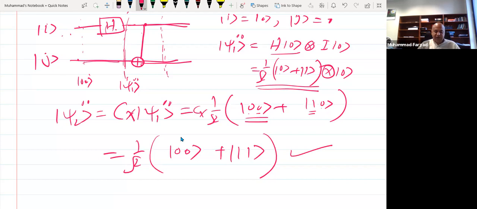When we perform Hadamard to 0, we get to this plus state, which is the superposition of 0 and 1. And when we apply the X gate conditioned on this superposition state, nothing happens to the second bit for the first part, and for the second part of the superposition, this 0 is flipped to 1. And so now this is a joint state of these two qubits that we cannot express as the product of the first and second one.